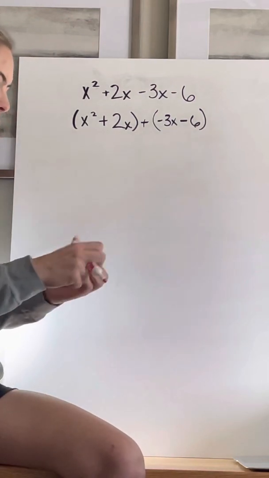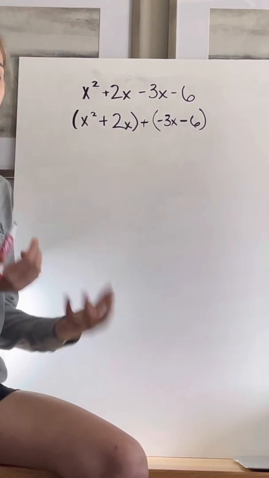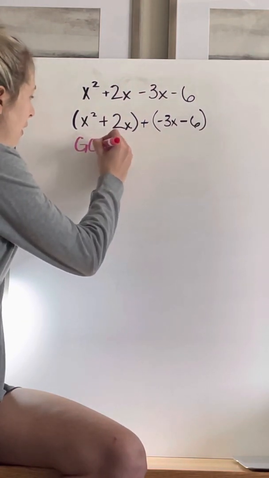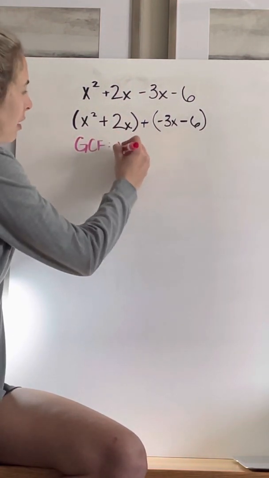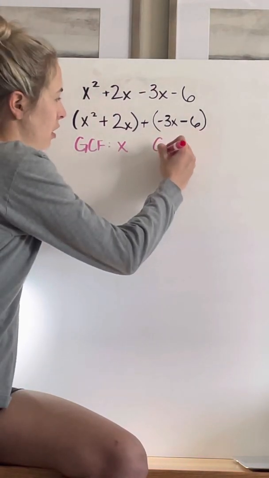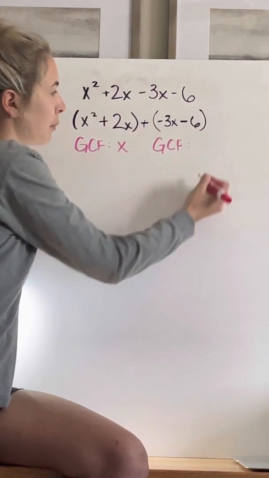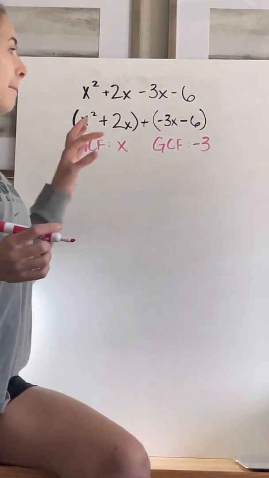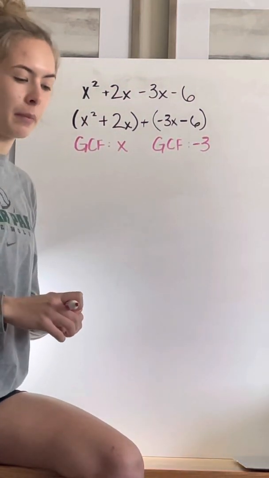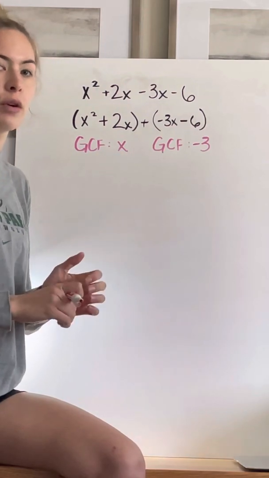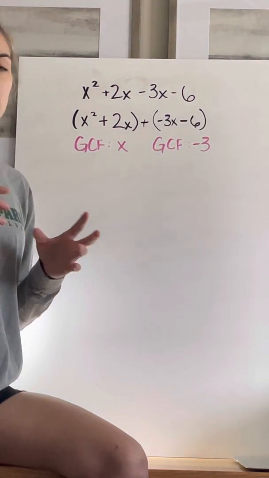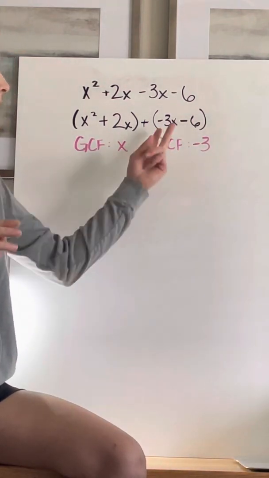So this is what our two parts look like. Our next step is now to find the GCF. So we have our GCF of the first part, it's just going to be x. Our GCF, the second part, is actually going to be a -3. So the main point to focus on when you have negatives in your expression is when you're finding your GCF, make sure you pull that negative out if you have a negative on both terms.